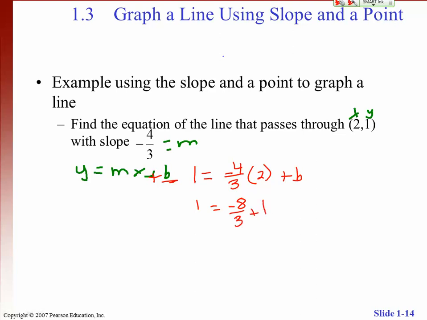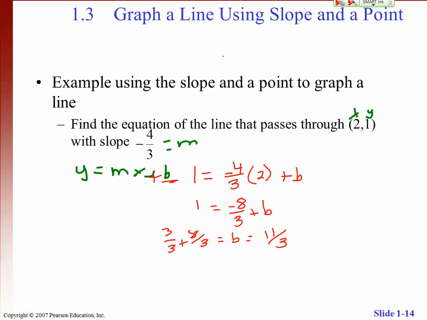So I just multiplied -4/3 times 2 and got this fraction. Then I add 8/3 to both sides. Remember that 1 can be rewritten as 3/3, plus 8/3 equals b, which equals 11/3.